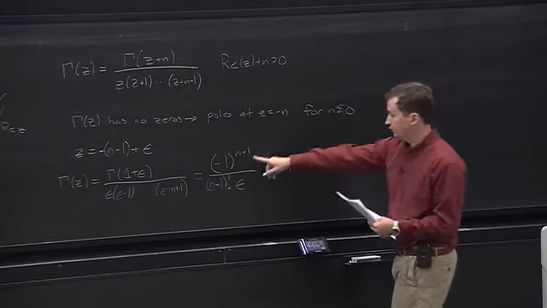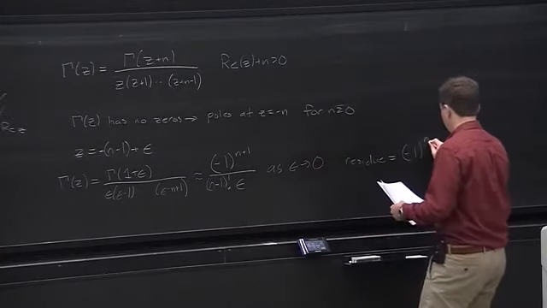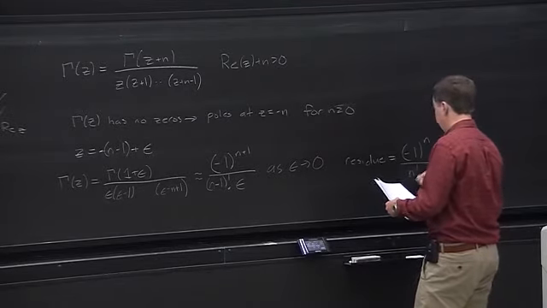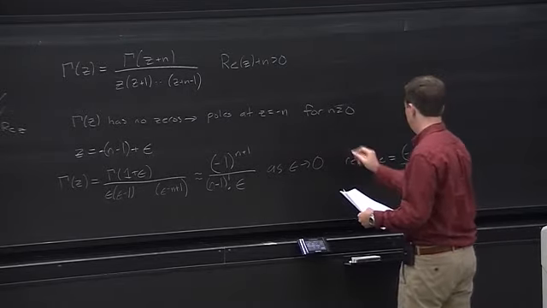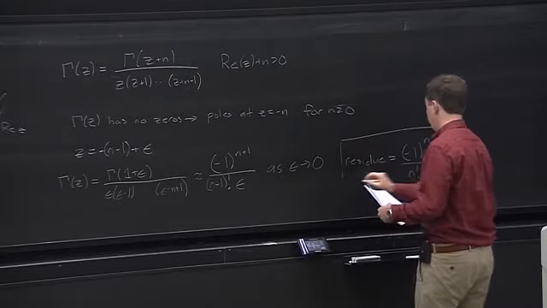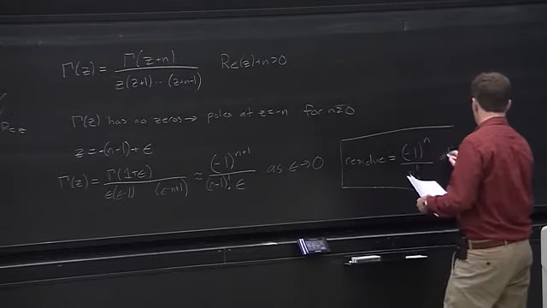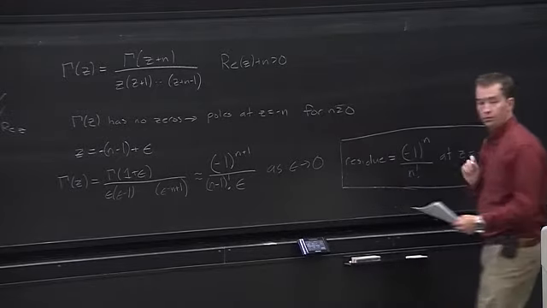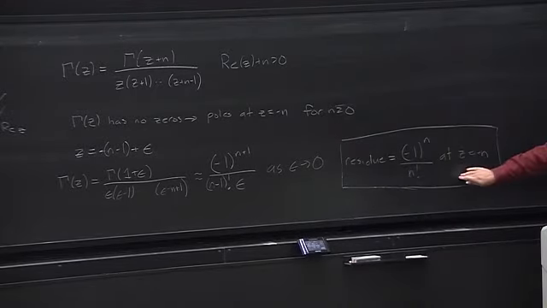Oh, sorry, we shifted things, so we need to unshift things. So we get minus 1 to the n over n factorial. We'll use this result in tutorial this afternoon.